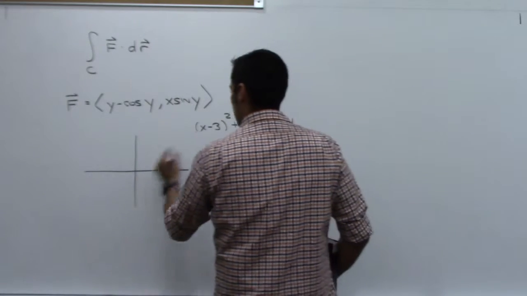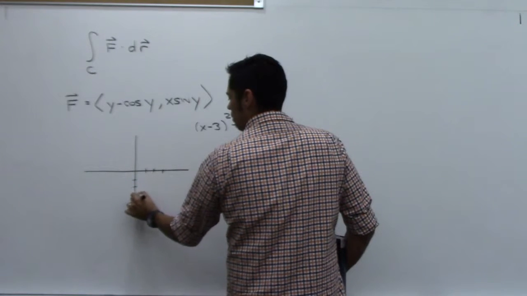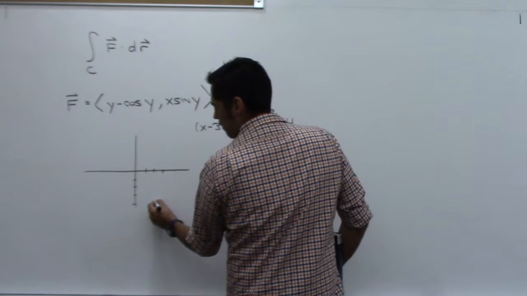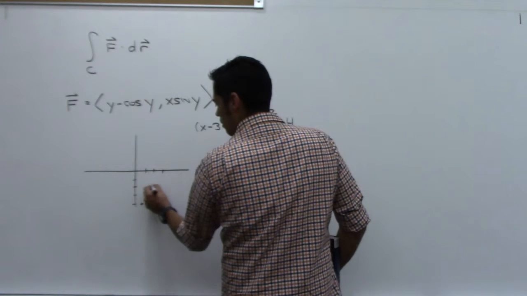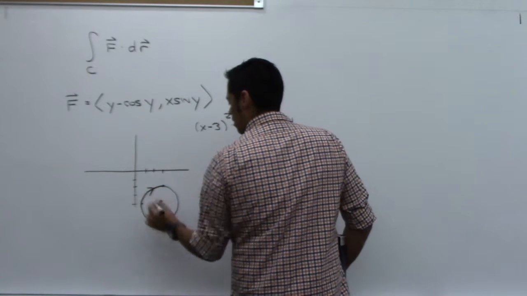So x minus 3, 1, 2, 3, plus 4, 1, 2, 3, 4. So our center's here, our radius is 2, something like this, oriented clockwise.